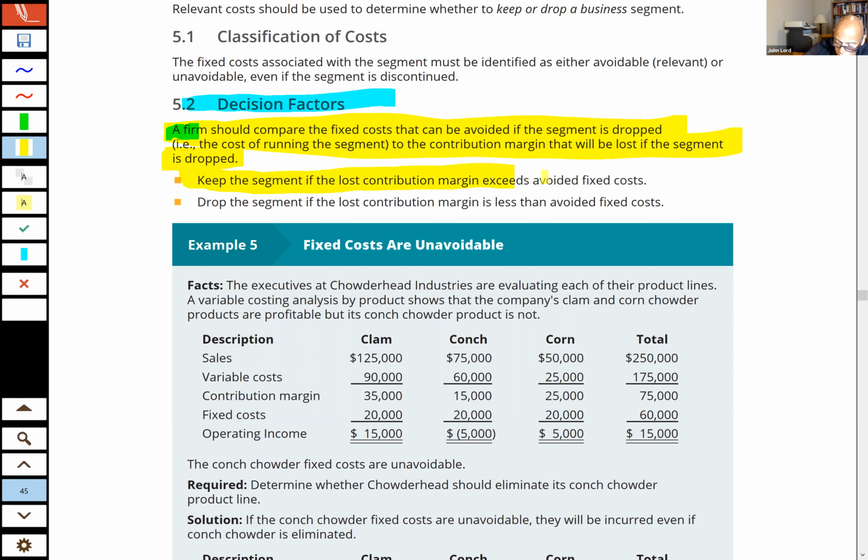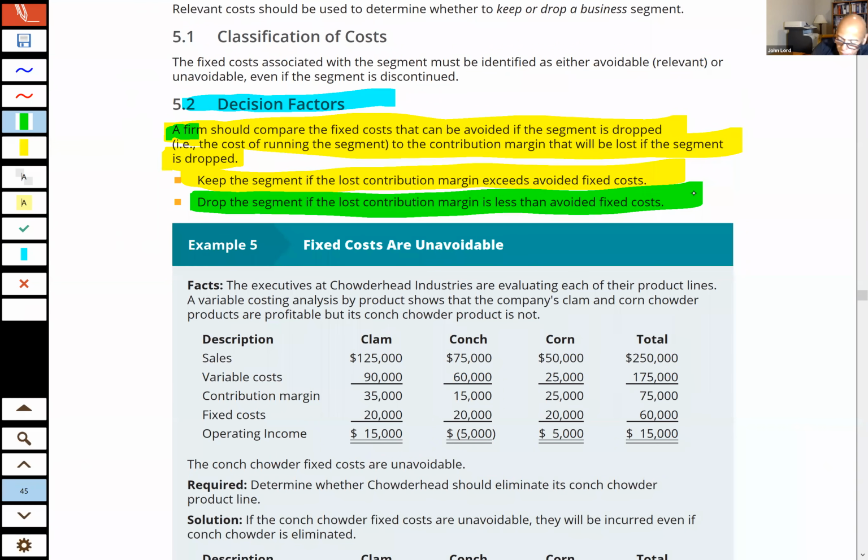Keep the segment if the lost contribution margin exceeds the avoidable cost. Drop the segment if the lost contribution margin is less than the avoidable fixed cost. Flashcard that rule, if you want to call it that.